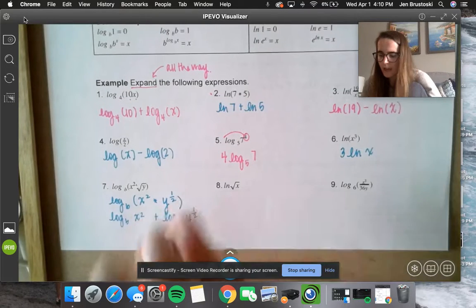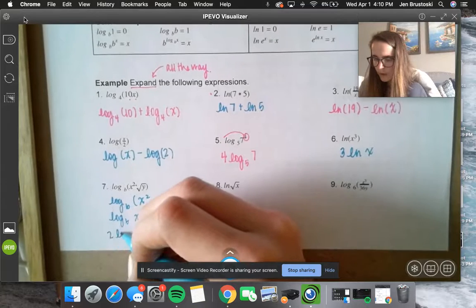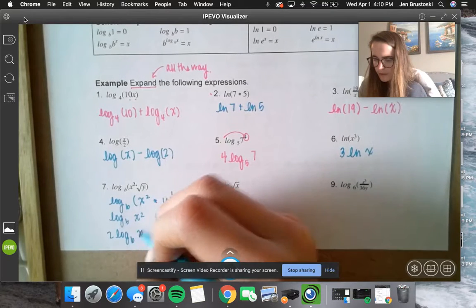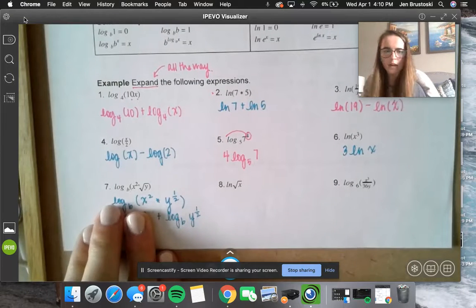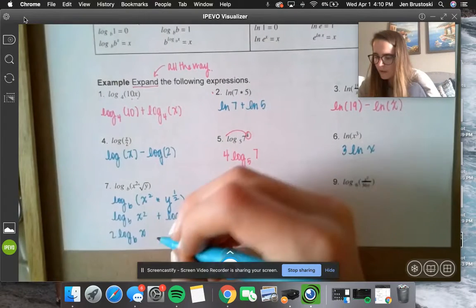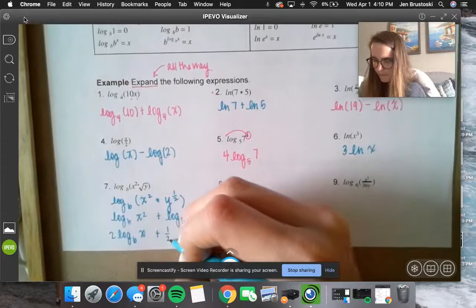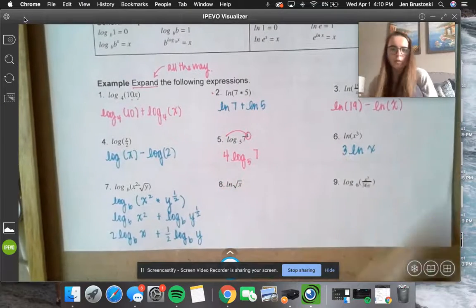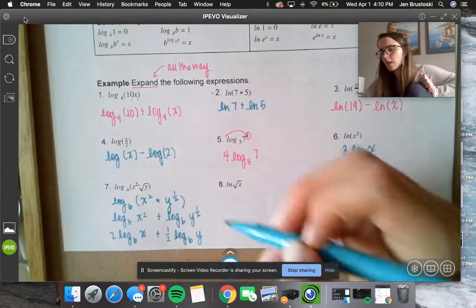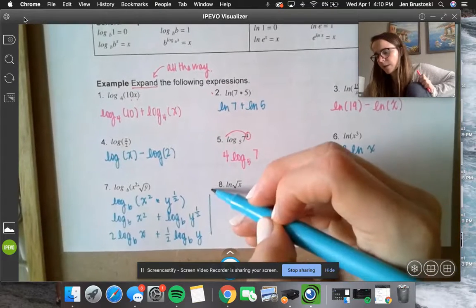Easy, it just moves to the front. So I have 2 log base b of x right there. Looking at this other one, again, I just have an exponent. It's going to move to the front. And that's it. We're done. We just have to do multiple steps. Break it down just as we know it.